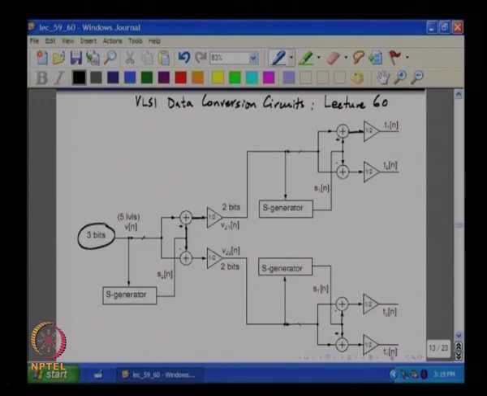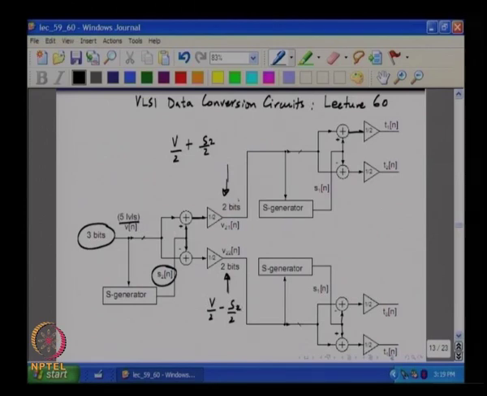So you take, for instance, a 3-bit DAC with 5 levels and split it into 2 sequences which occupy 1 bit less, so there are fewer levels, and one of them is related to the other through this sequence S. So the output at this layer is nothing but V by 2 plus S by 2 and V by 2 minus S by 2. Since this happens 2 layers away from the last layer, I call this S2.